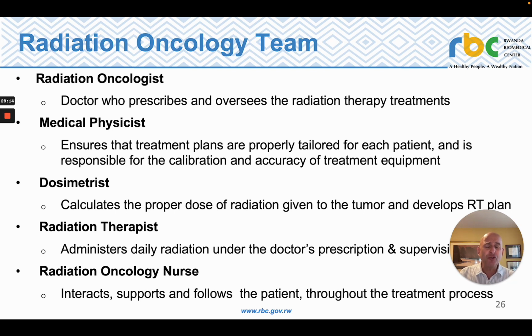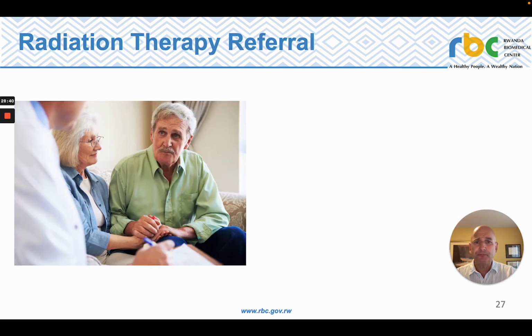We have dosimetrists, which help develop the treatment plan and calculate the proper dose of radiation to be delivered each day. We have what we call the radiation therapist. Those are the technologists who actually are the ones on the machines administering the daily radiation under the doctor's prescription and supervision. And then we have radiation oncologists who support and follow the patient throughout the treatment process and beyond.